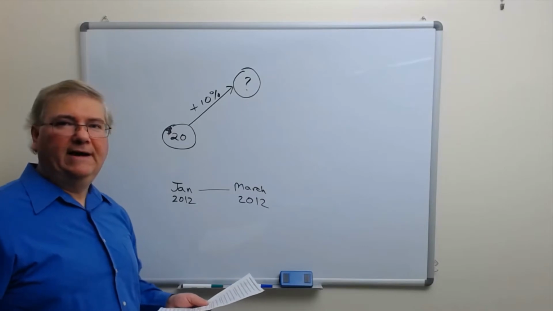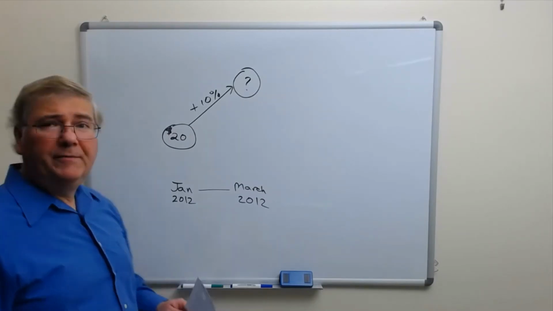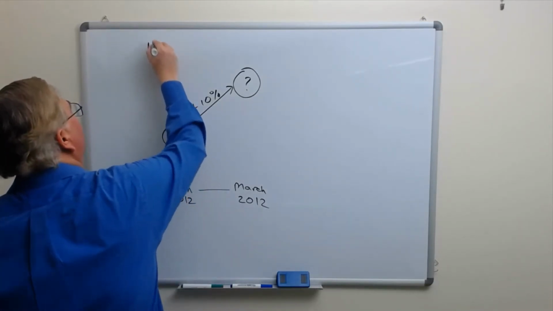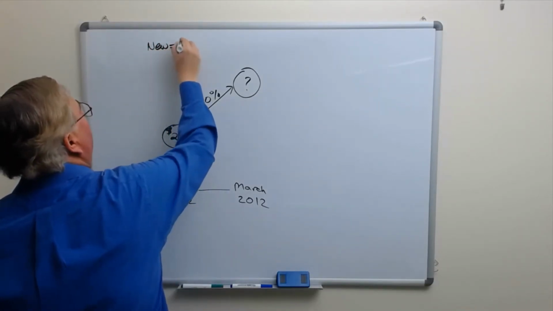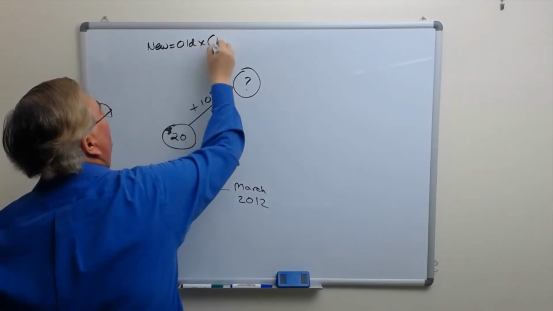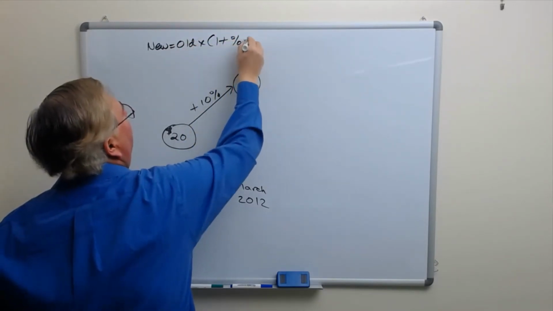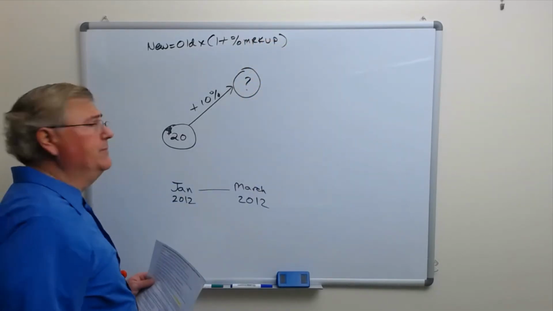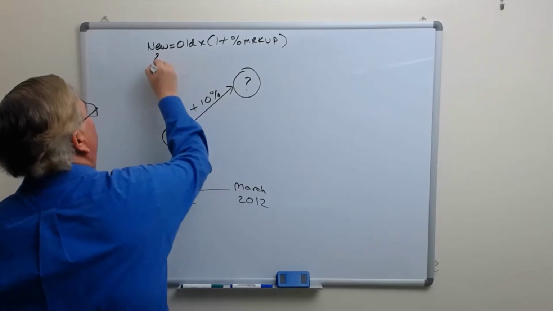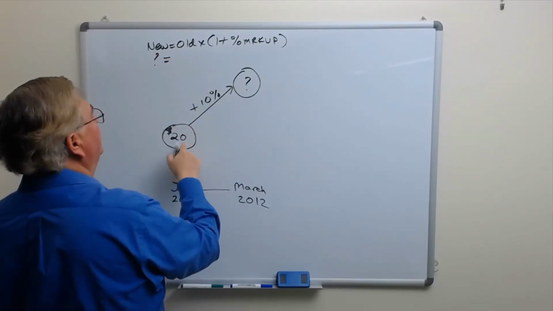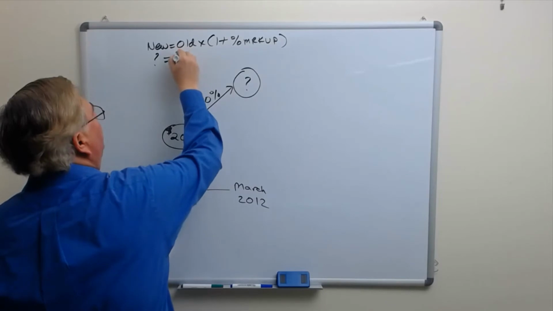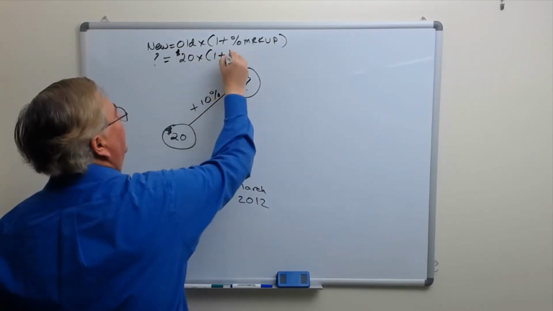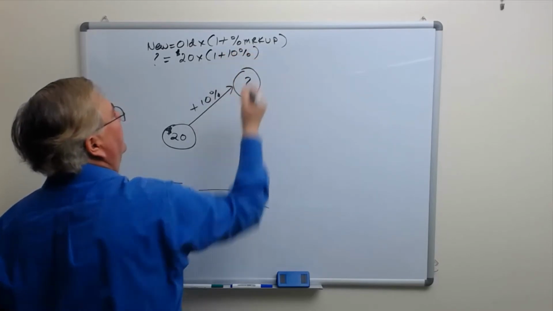So which formula should we apply in this case? If you said the markup formula, you're right again. And once again, the markup formula says that the new price is equal to the old price multiplied by 1 plus the percentage markup. Let's plug in the numbers. The new price is what we're looking for, and that's equal to the old price, $20 a share, multiplied by 1 plus, in this case, 10% gain in the price.